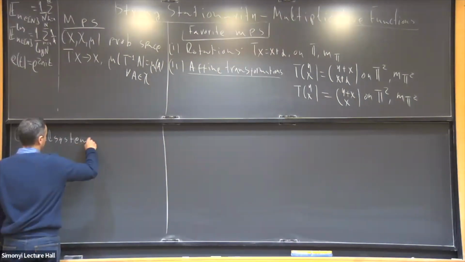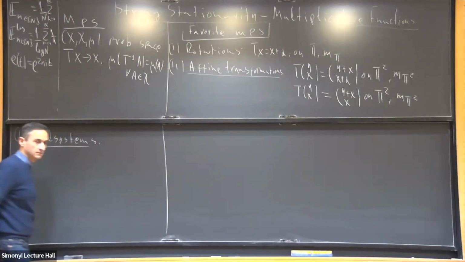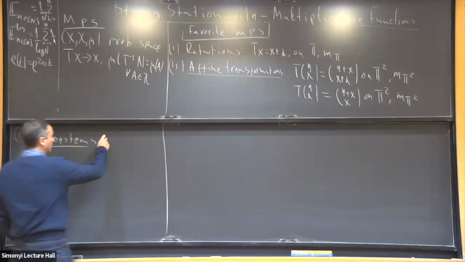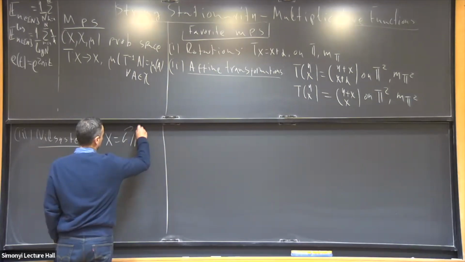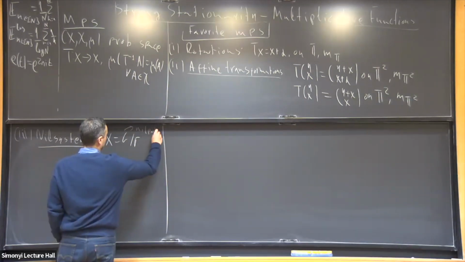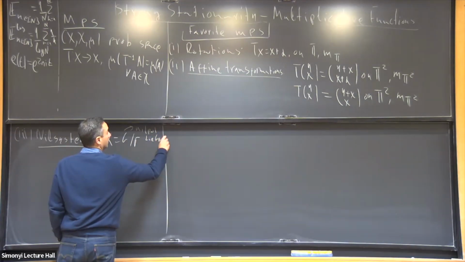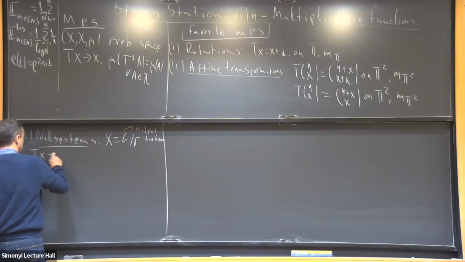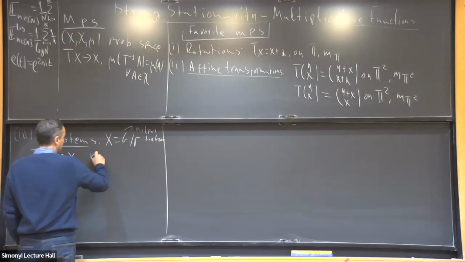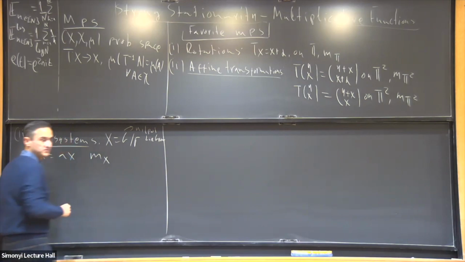So either you know what it is or you will learn it now. This is G over Gamma, where G is a nilpotent group. These are special cases of this, and you have Tx equal to Ax with the Haar measure on X.